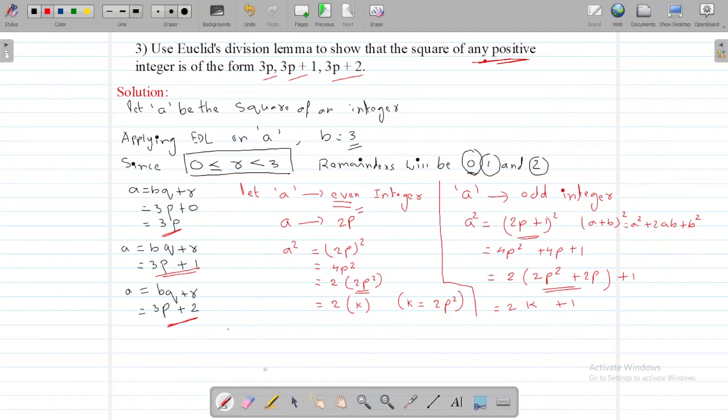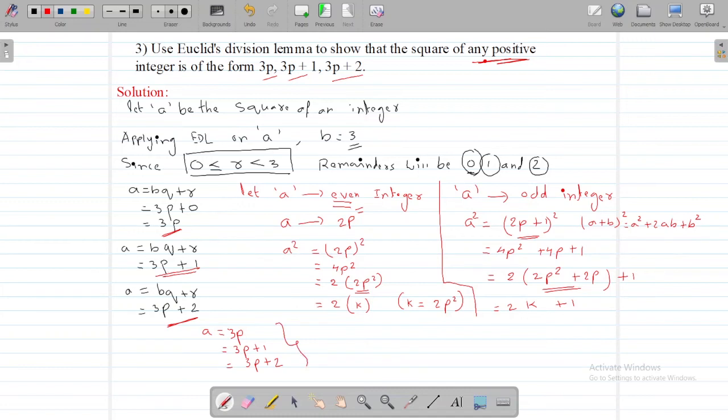But according to the problem, here it is 3p. So we'll see here a is equal to 3p, a is equal to 3p plus 1, a is equal to 3p plus 2.